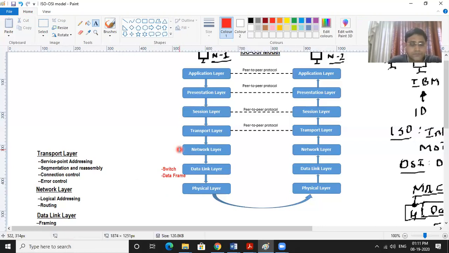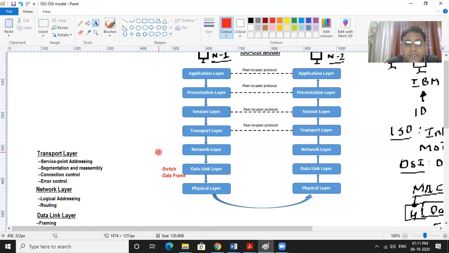Whenever we are sending a data packet outside the network, when the destination node is outside the network, at that time network layer is responsible to send that packet. And that is why in data link layer it was termed as data frame, here it is termed as data packet.